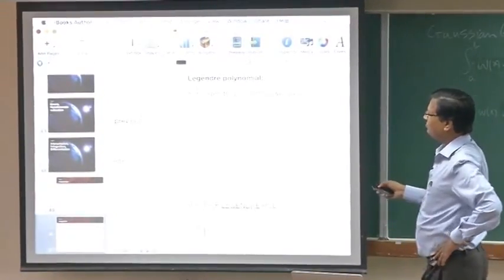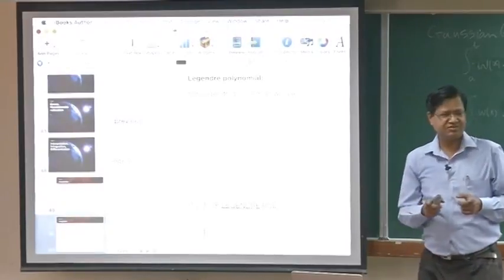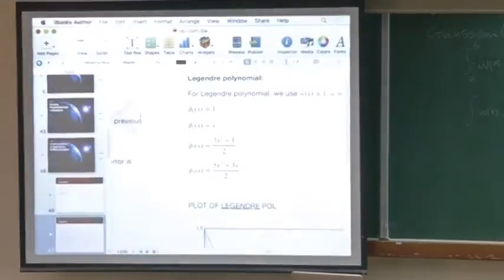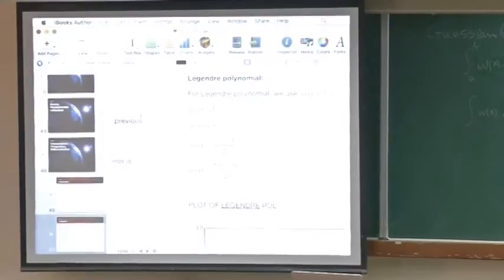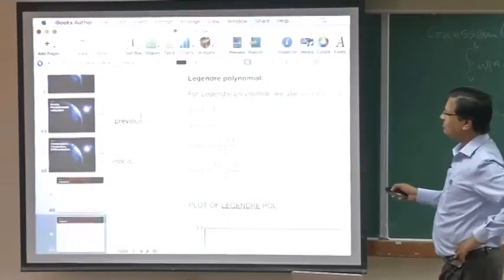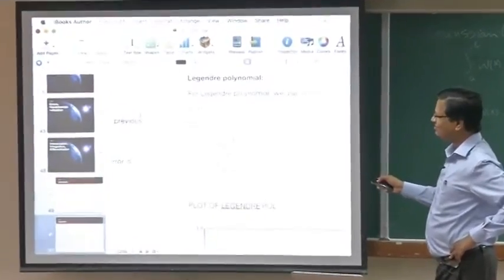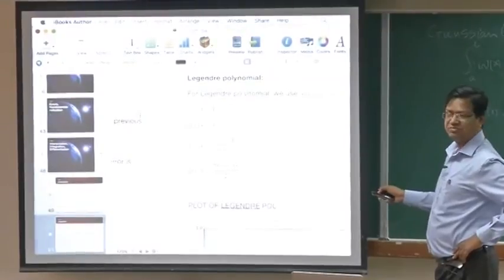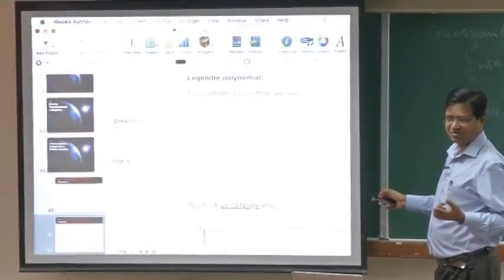This is the same as what you get for the hydrogen atom, spherical harmonics, and the theta part is given by Legendre. This is the first one, phi 0, phi 1, phi 2, phi 3, and phi 2 has 2 roots, so it is the third polynomial.